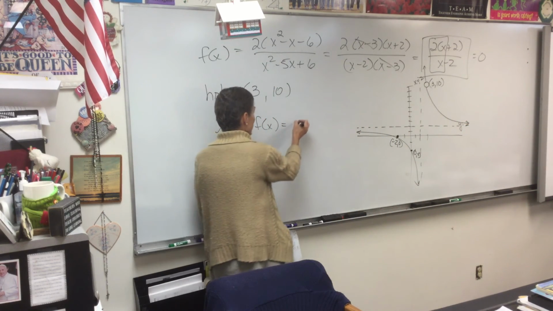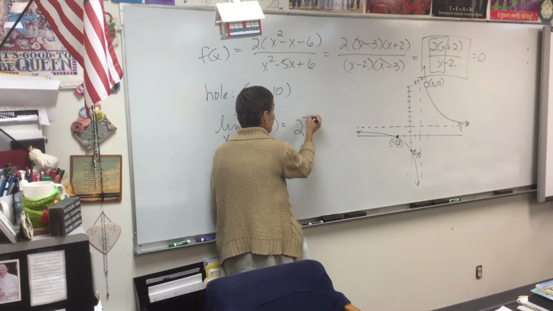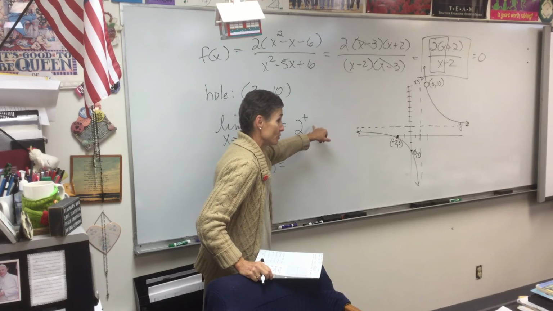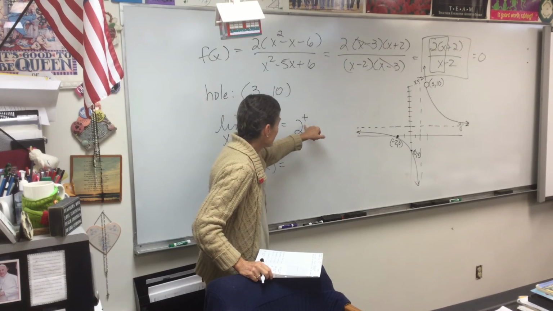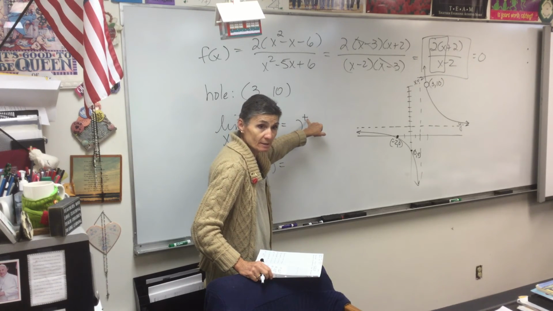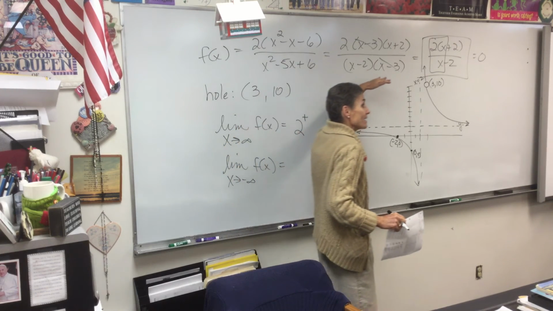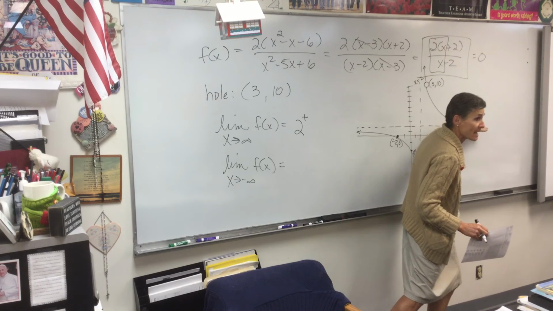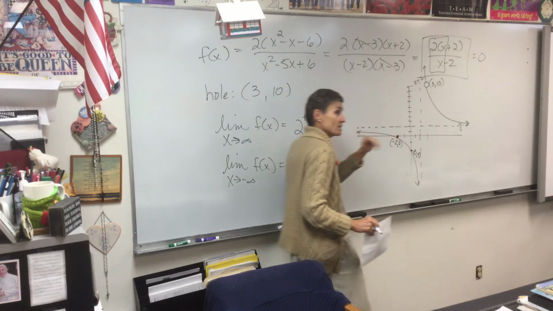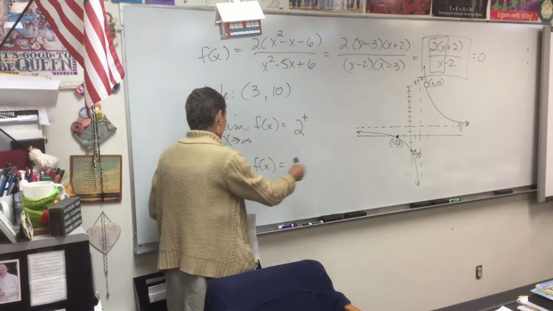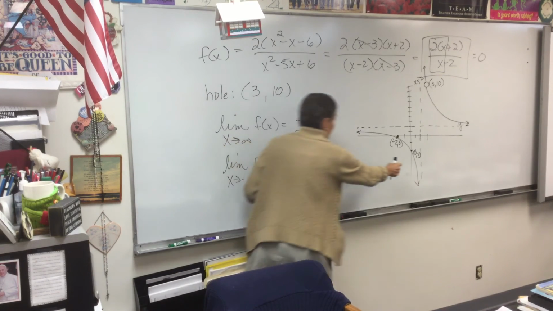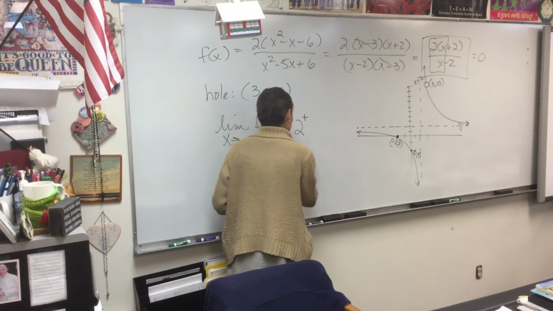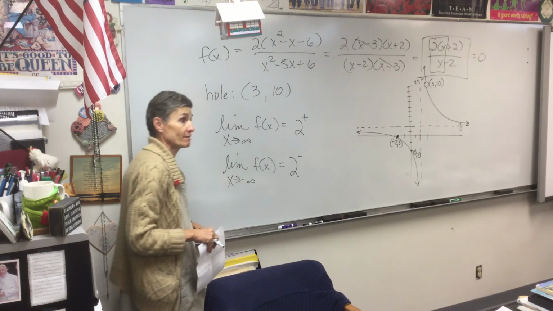Getting closer and closer to 2 from the top. That does not mean positive 2; it means 2 from the top. You're describing asymptotic behavior. It's coming in from the top. Now, what happens going the other direction? Aren't we still getting closer to 2? But now we're getting closer to 2 from underneath.